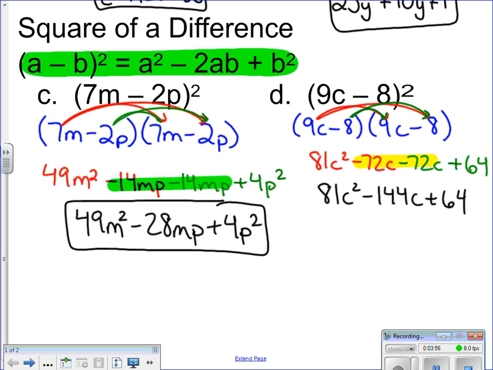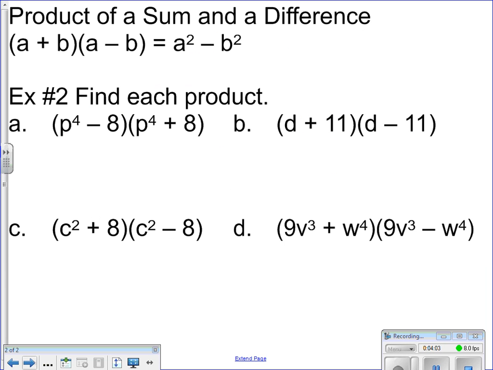And that's how you multiply the ones out that have a squared next to them. Now the last slide deals with ones where there's one plus and one minus. So pause if you want to write down the formula and stuff. Now, if you notice, there's only two parts to this answer. There's whatever the first part is, squared, and whatever the second part is, squared, with a minus in between.